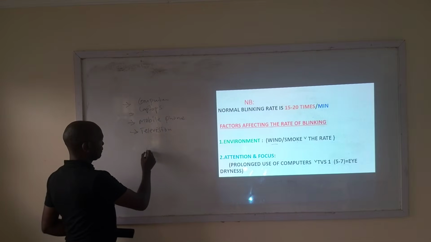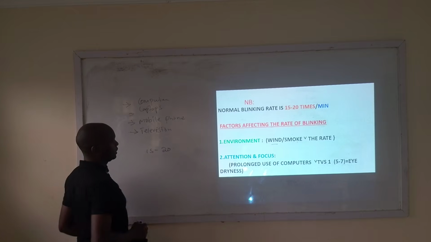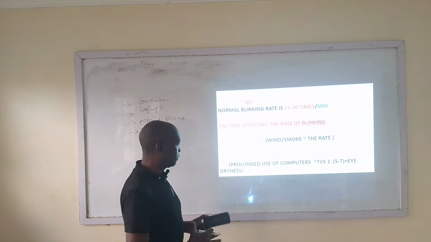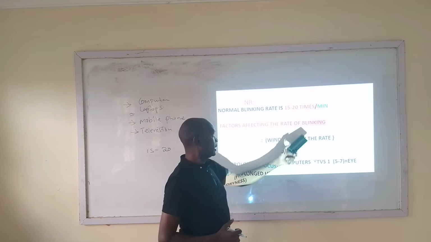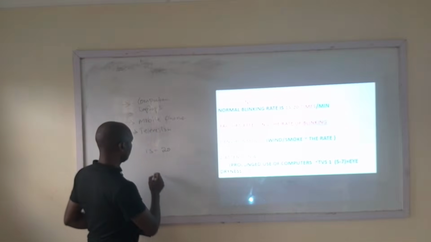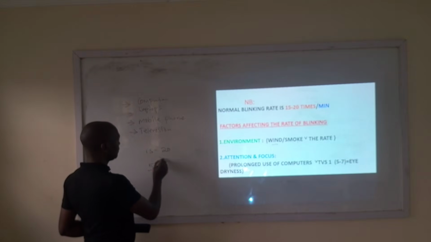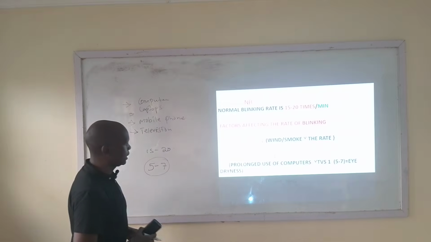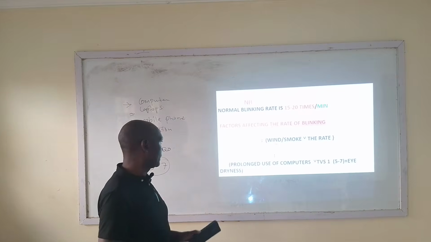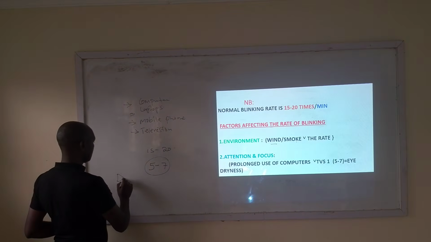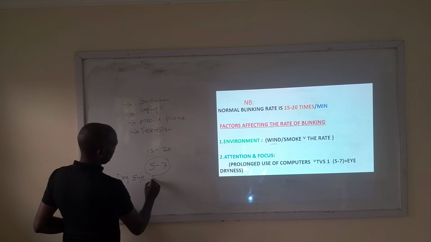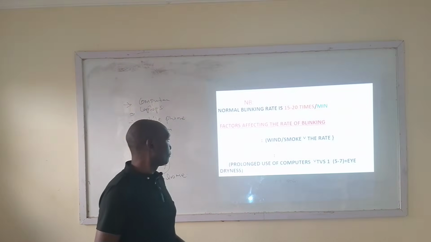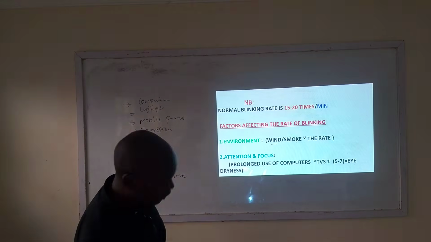The normal rate is 15 to 20 times, but when you use your computers or televisions or mobile phones for prolonged hours, then the rate reduces from this normal rate to around 5 to 7 times. So this one exposes your eye as well, and you get dry eye syndrome. We shall see as we proceed. So the rate of blinking is very important for that matter.